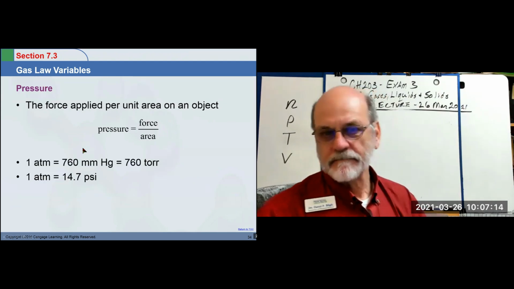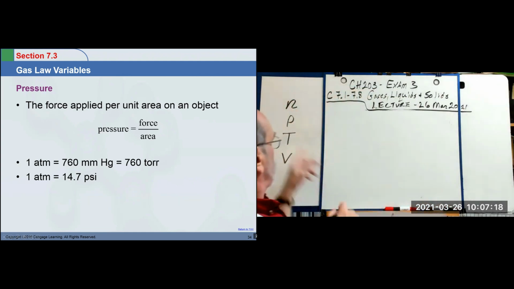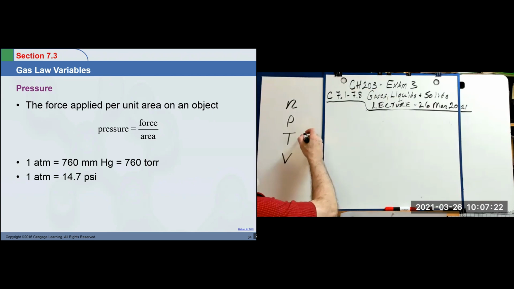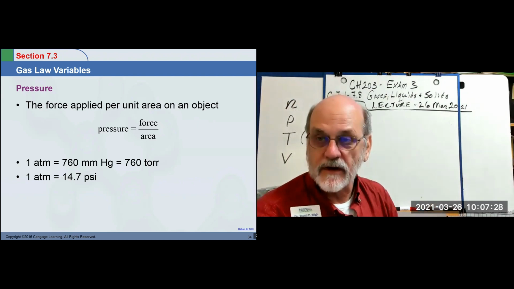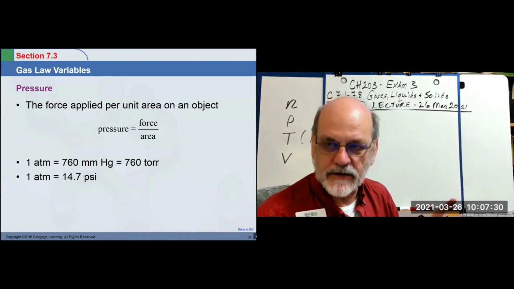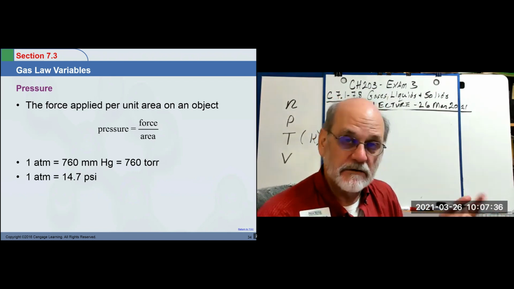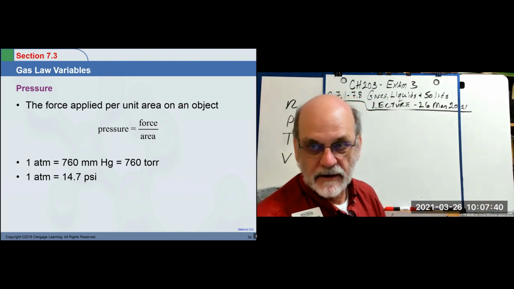Okay, we need to define some terms, right? We know what temperature is, and it's generally in terms of K, Kelvin. For gases, whenever you're talking about a gas, you always have to convert the temperature to Kelvin. So if the problem gives you temperature in degrees Celsius, you must convert it to Kelvin, right?